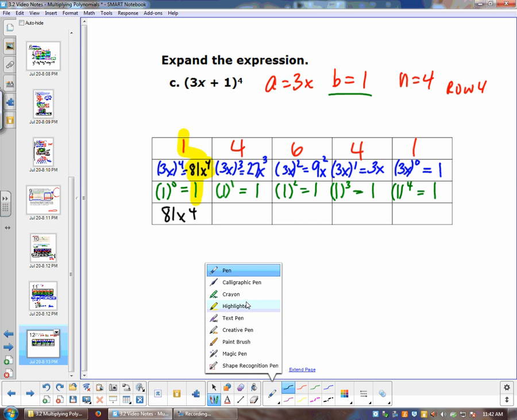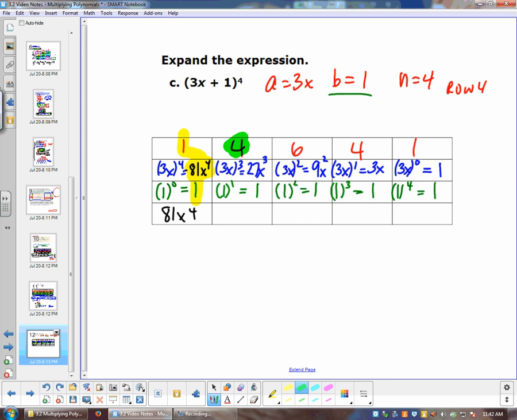Next column, we're going to have 4 times 27x to the 3rd times 1, which is going to give us positive 108x to the third. Next up, we're going to have 6 times 9x squared times 1, which will be positive 54x to the second.